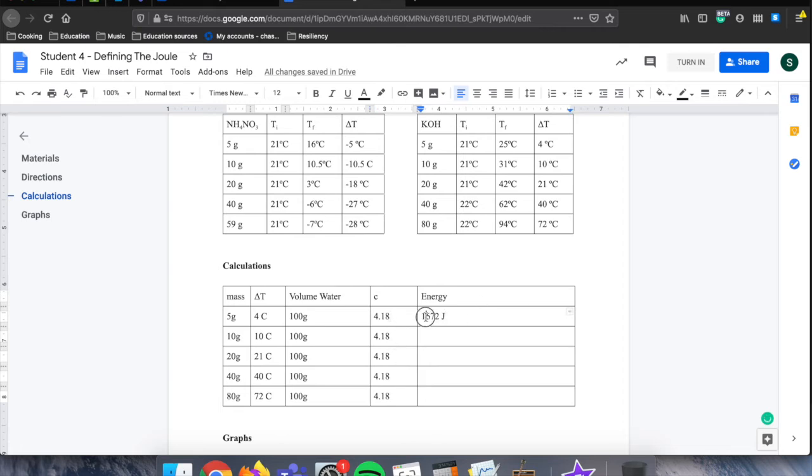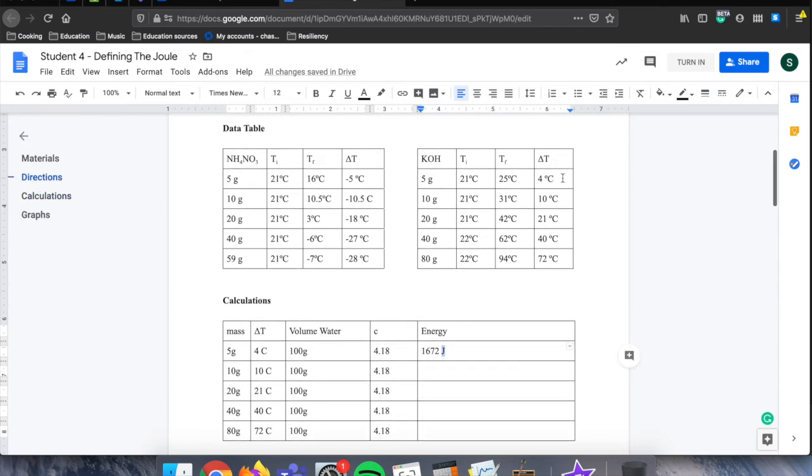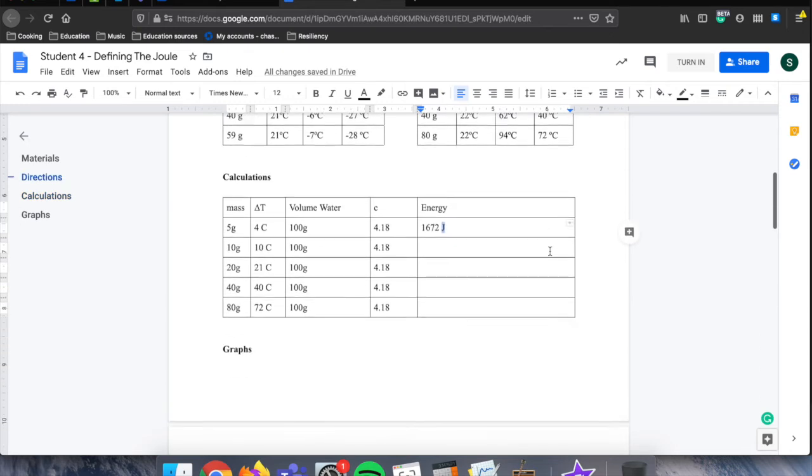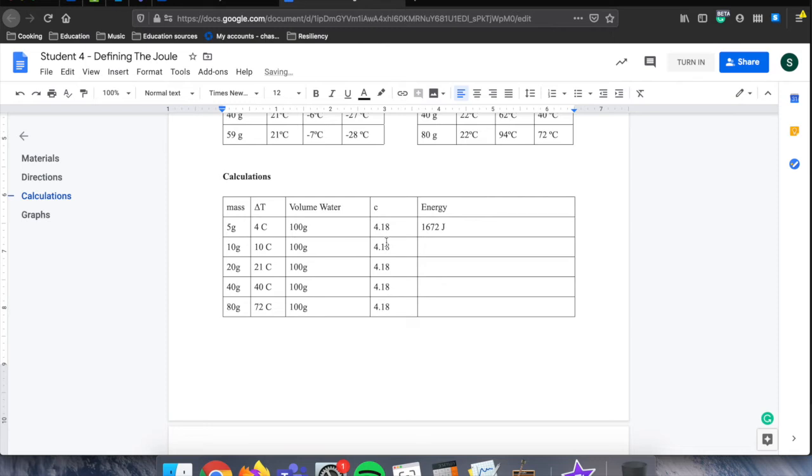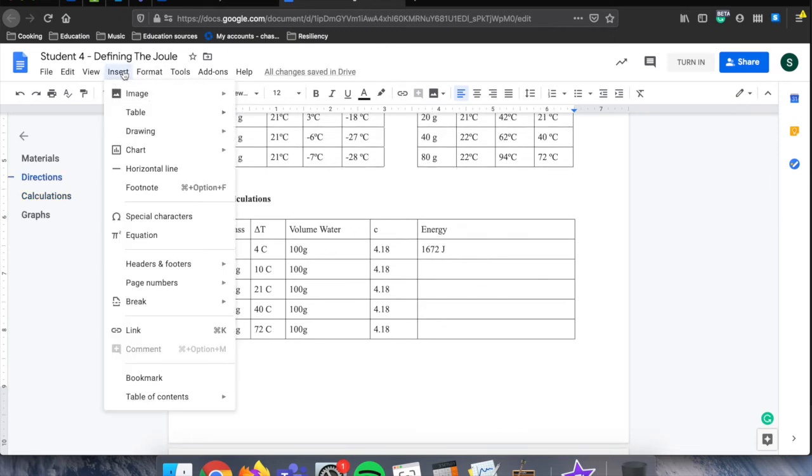Then over here, you're going to calculate out all your energies, put them in these tables, and then label it with a J. So do that for all of the temperatures for the potassium hydroxide, and then make a second table. So insert table, and this time I'm going to put the right number in. 5 by 6.